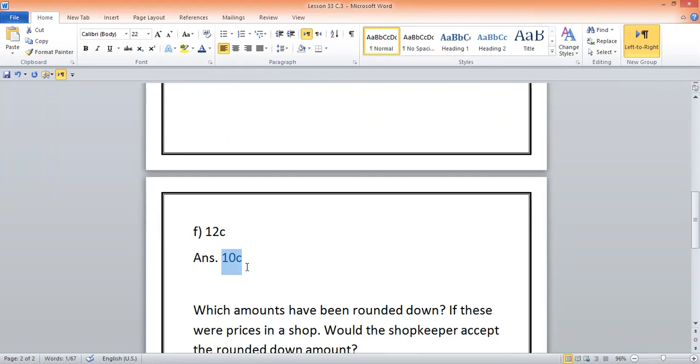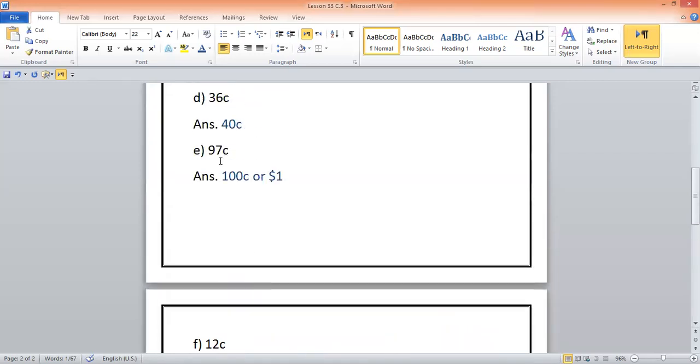So it becomes less now. It is not greater, so this amount is rounded down. But if we see 97 cents, before that it was 97, but right now it is $1, which is 100 cents, so it is more, so we rounded up this amount.